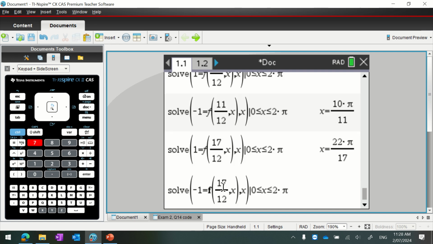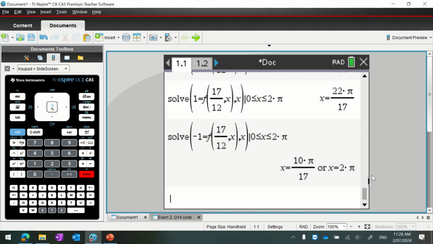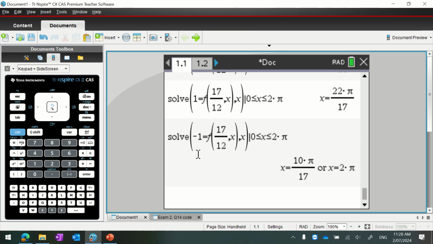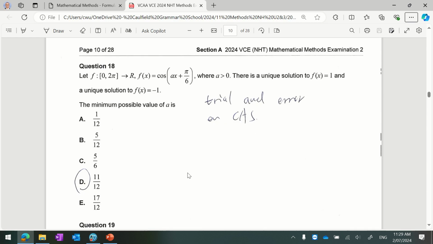But if I do the other equation, which is f(x) equals negative 1, there are two solutions. There's more than one answer, so it is not a unique solution. But if you do trial and error, you are going to get 11 over 12 to be your A value.